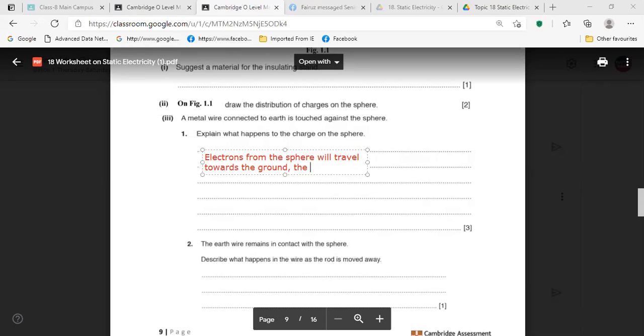The sphere will only have positive charges.